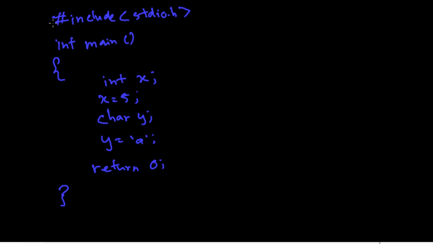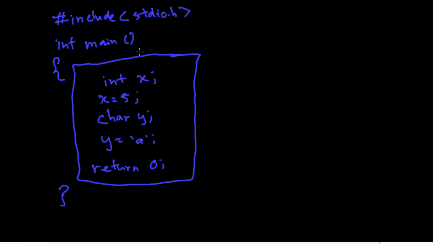Now let's analyze this program. First line, include stdio.h. Second line, int main. We're creating a function called main, which has to be present in every C program. We open the curly brace to show that everything within the two curly braces belongs to int main.